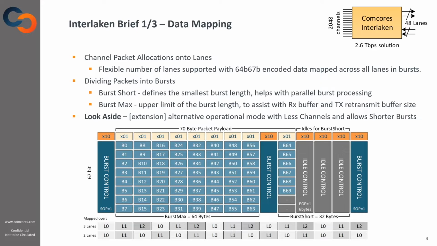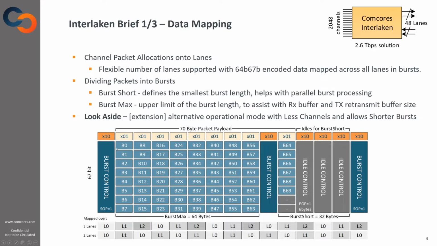So the payload doesn't fit into a single burst. And I wanted to demonstrate how the data is split into a second burst and what happens with the second burst if the data doesn't fill it completely. So in the headers in the orange and yellow, you can see different encodings for whether it's a control word or a data word.